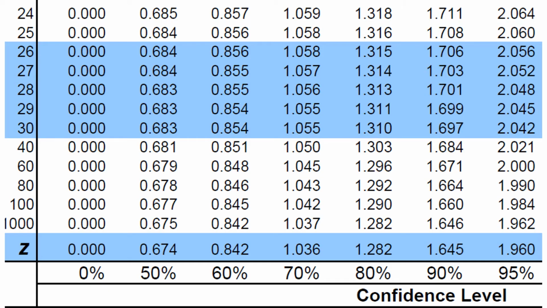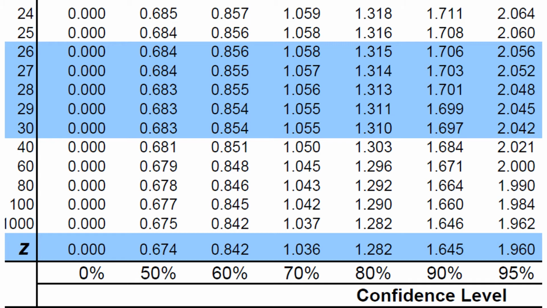Now let us take a look at our t-table. So how are we going to find the critical value of t? If we are going to recall, our degrees of freedom is 24, right? And our level of significance is 0.05.